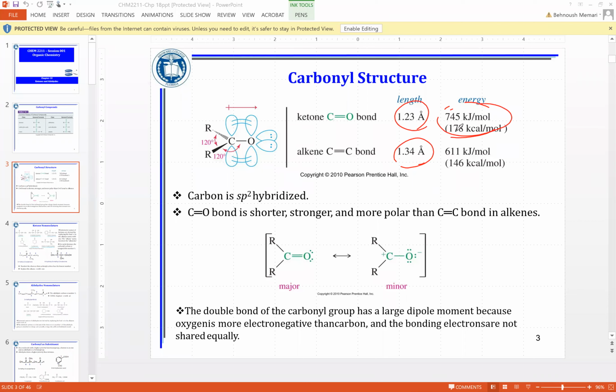The bond dissociation energy is much higher for the C=O double bond compared to the C=C double bond. That means the C=O double bond is a stronger bond because the attraction between the opposite charges is stronger. So the C=O double bond is shorter, stronger, and more polar than the C=C double bond in alkenes.